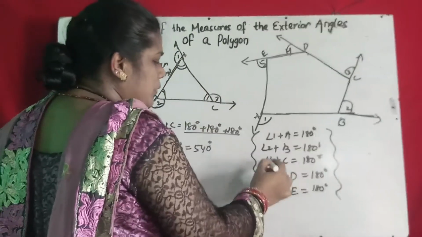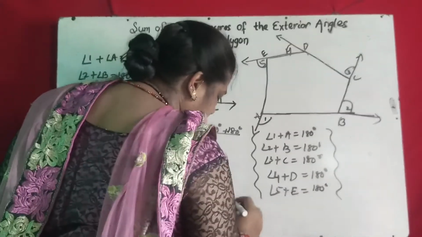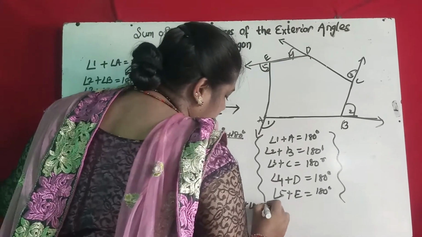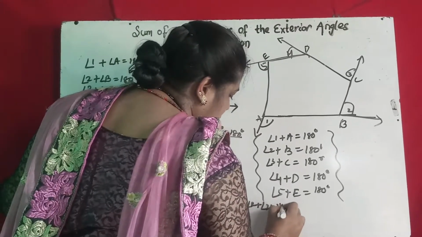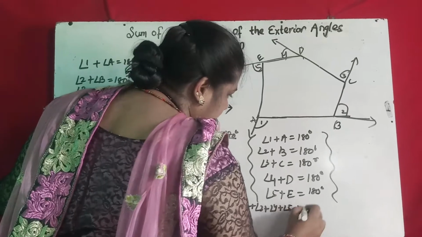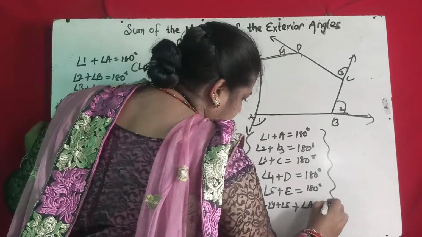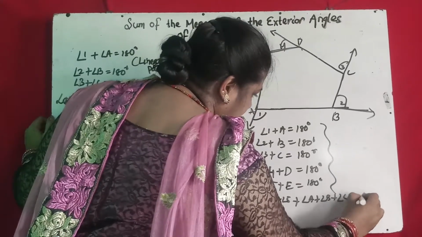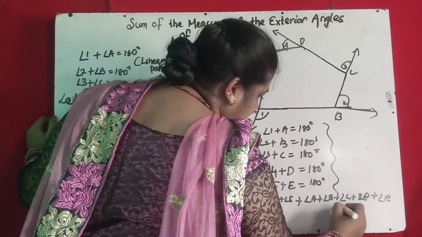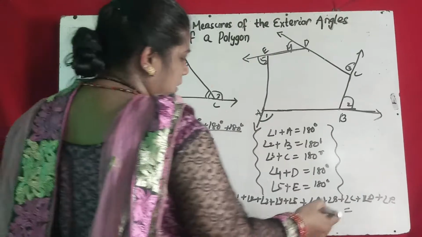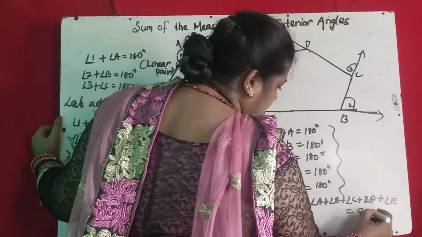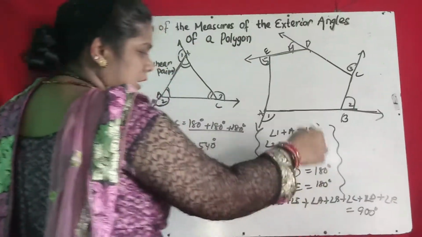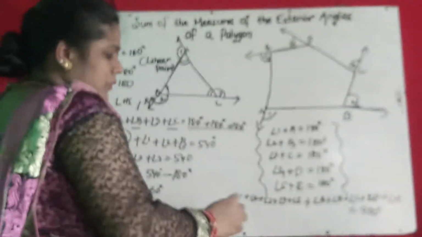So take angle 1 plus angle 2 plus angle 3 plus angle 4 plus angle 5. Then angle A plus angle B plus angle C plus angle D plus angle E, when you add all this, 180 multiplied by 5, is 900 degrees.